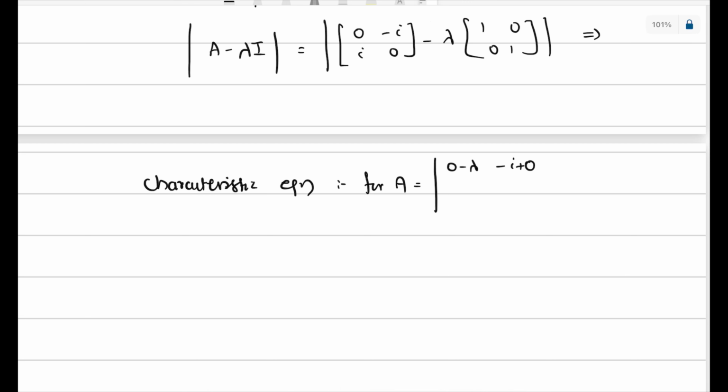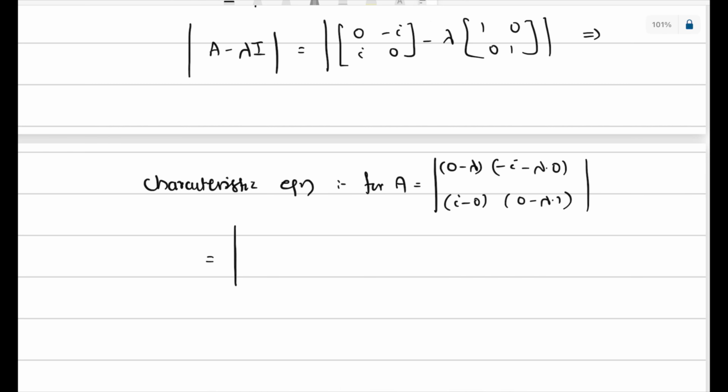Into 1 minus i minus lambda into 0, because even if it is 0, we should not play with order. This is 1 and another is minus i minus lambda into 0. Here it will be i minus 0, and another is 0 minus lambda into 1.